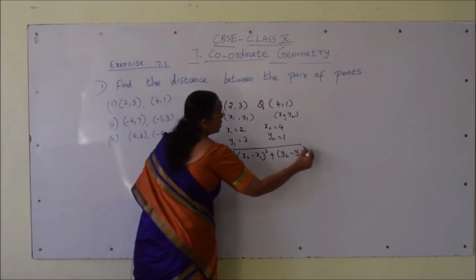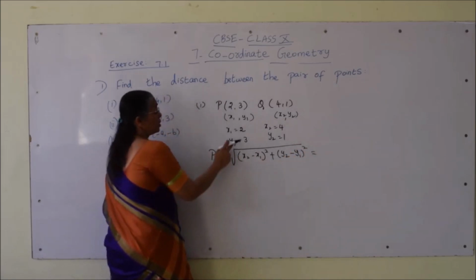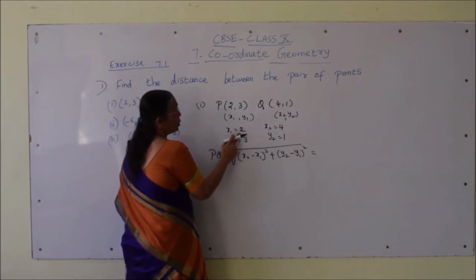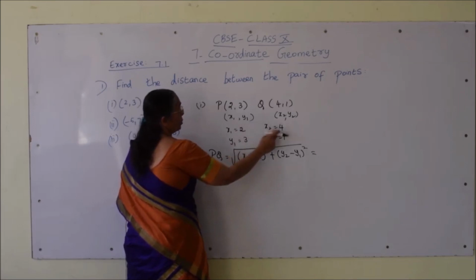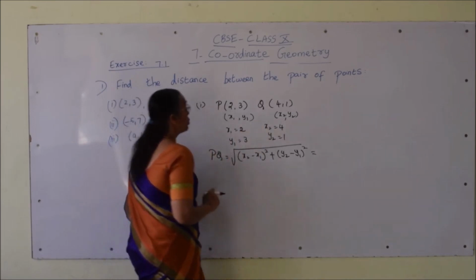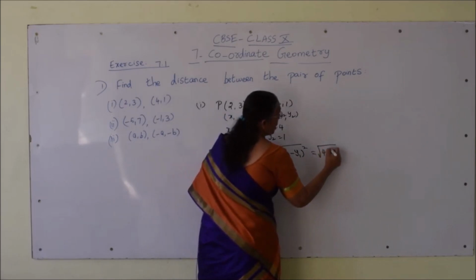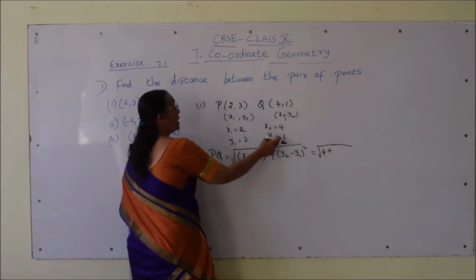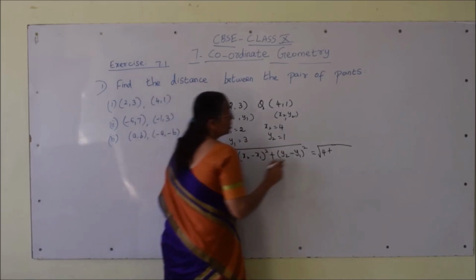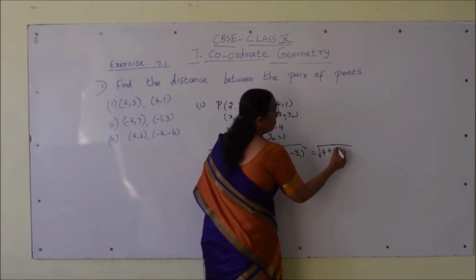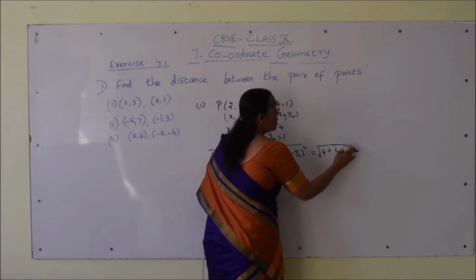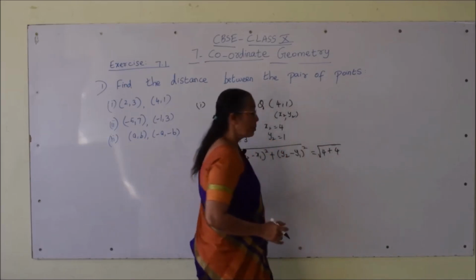So, using this formula, x2 minus x1 whole square, x2 is 4 and x1 is 2. So 4 minus 2 whole square is 2 square, which is 4, plus y2 minus y1 whole square, 1 minus 3, which is minus 2, whole square is again plus 4.